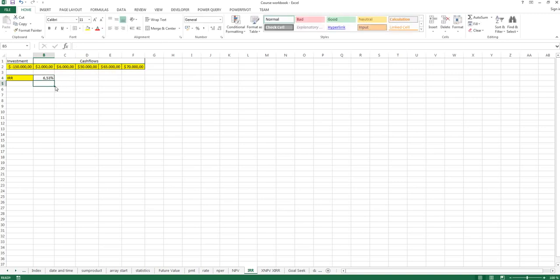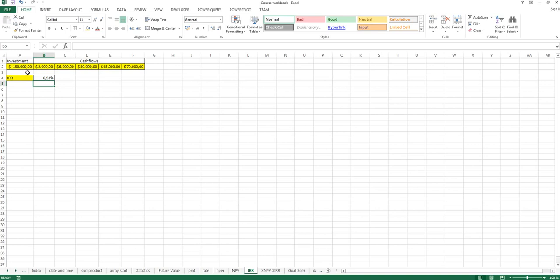Okay? And now you can see the IRR is 6.53%, which just means that if we discount our future cash flows with this 6.53%, then we get exactly the investment of 150,000 at the beginning.